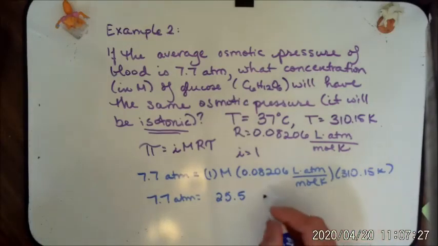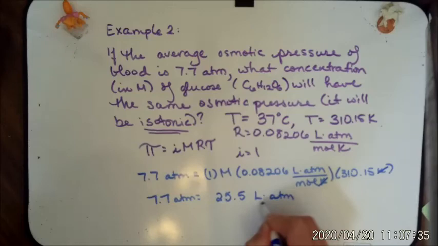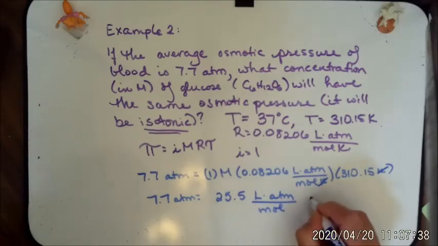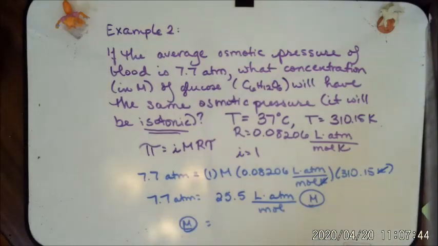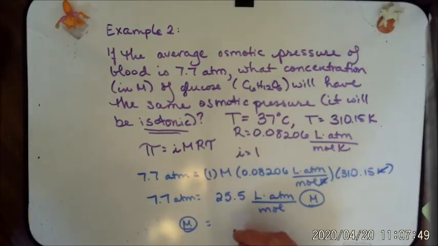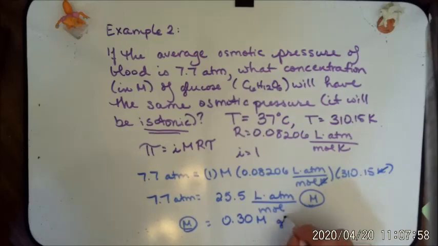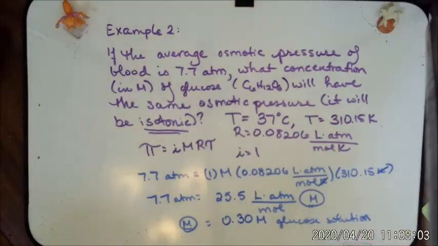Then Kelvin cancels out, so this is liter atmospheres divided by mole, times M, which is what we're looking for. So M would be 7.7 divided by 25.5. So I get something like 0.30 molar glucose solution.